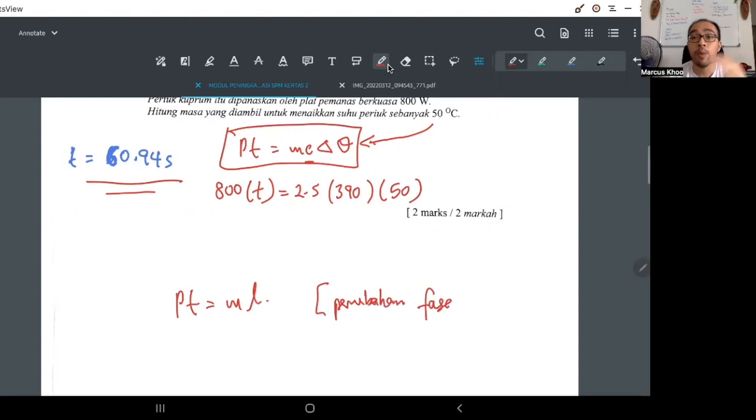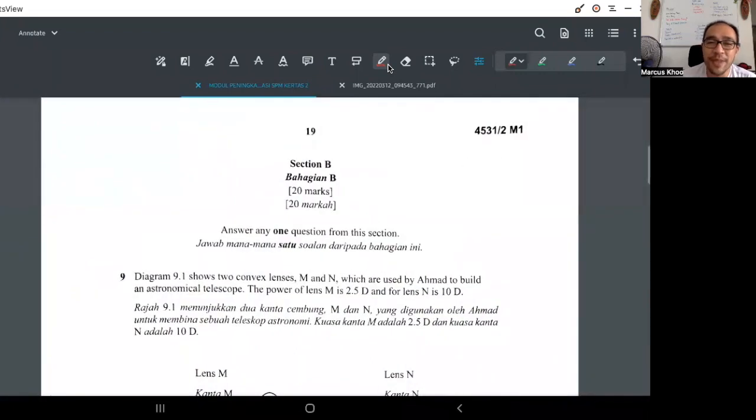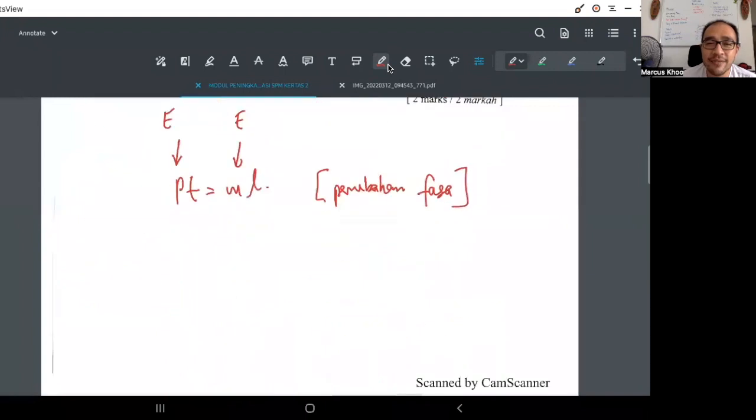Ice becomes water, water becomes vapor. This Pt equals ml, because Pt is also the formula for energy, heat energy. So don't forget this. This is everything. That's it for this one.